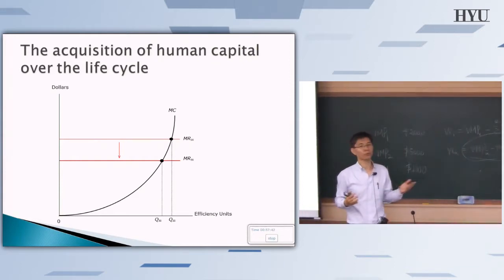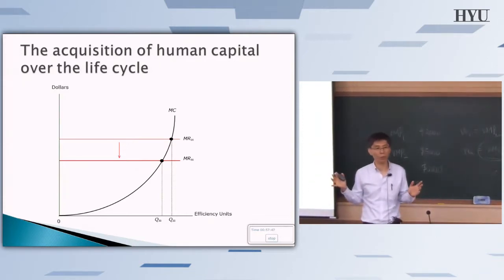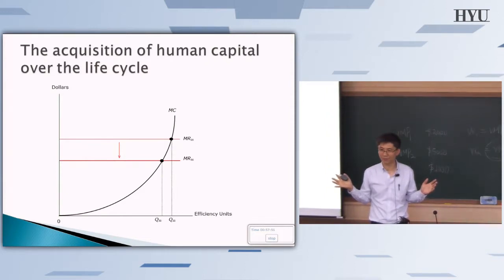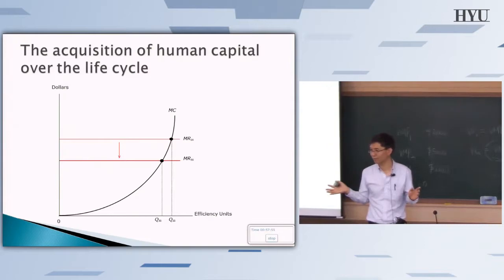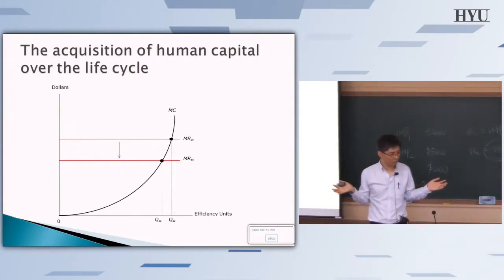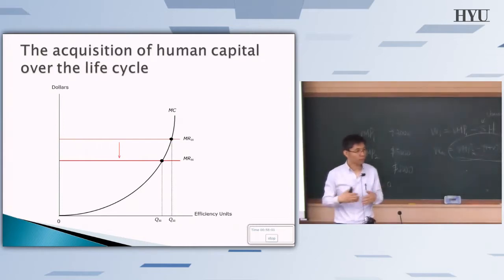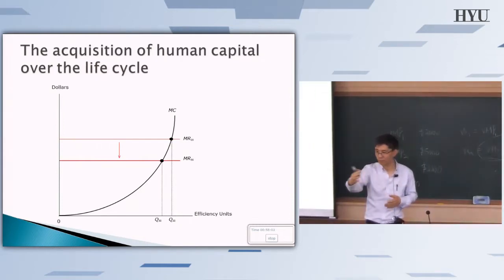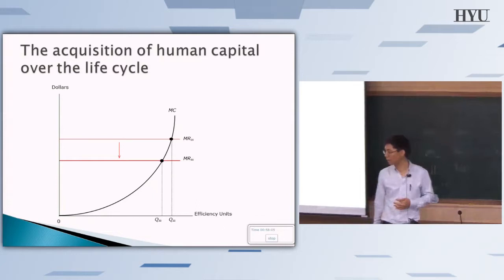The return from training is obviously that as long as you work in this job, you can get a return out of it. So which means that, between younger and older workers, who is more likely to get training? Younger workers. Why? Because younger workers have more time to get the return from the training.